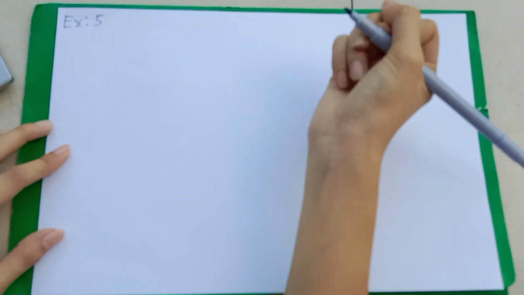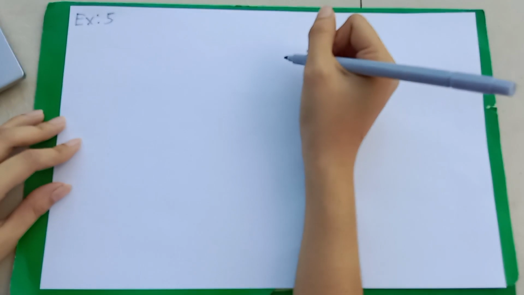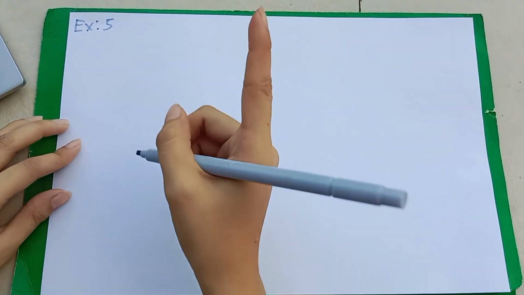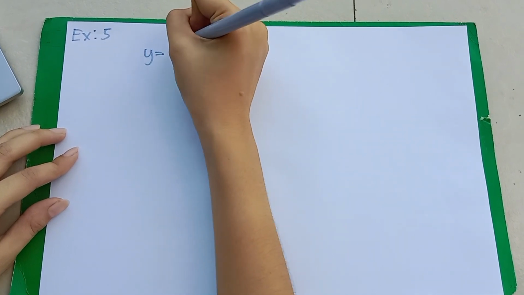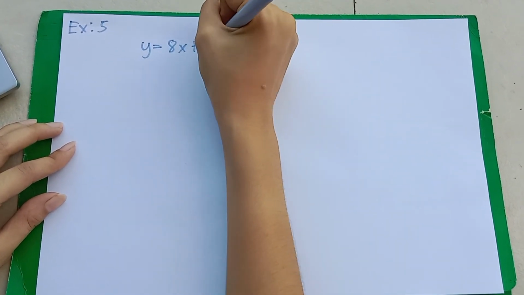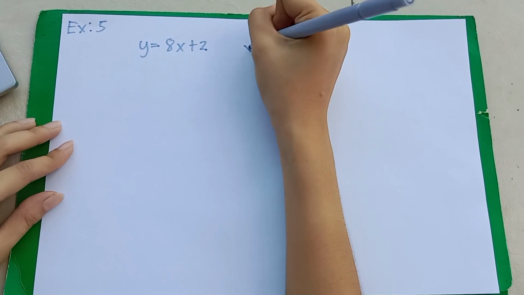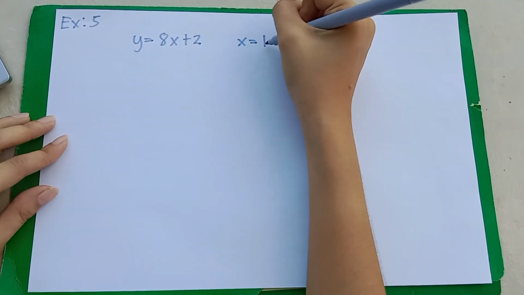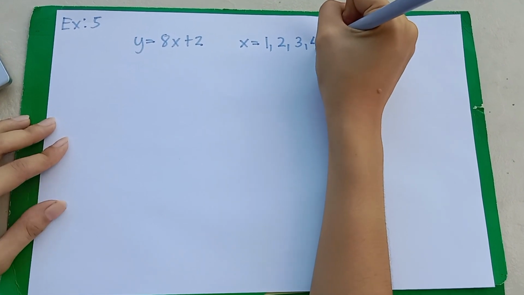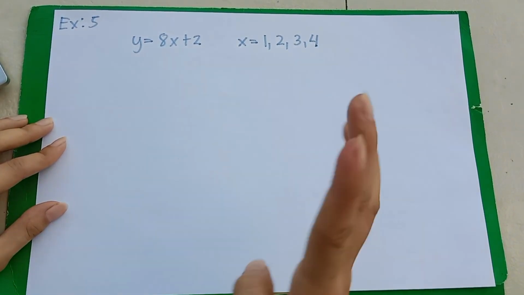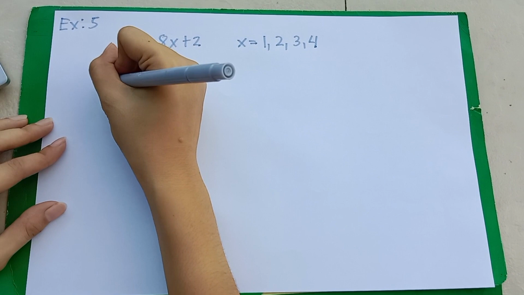Lastly, for example number 5, use the given values to make a table of ordered pair solutions. So here we have the equation y equals 8x plus 2 and given values of x: 1, 2, 3, and 4. Now let's create 4 rows for this.